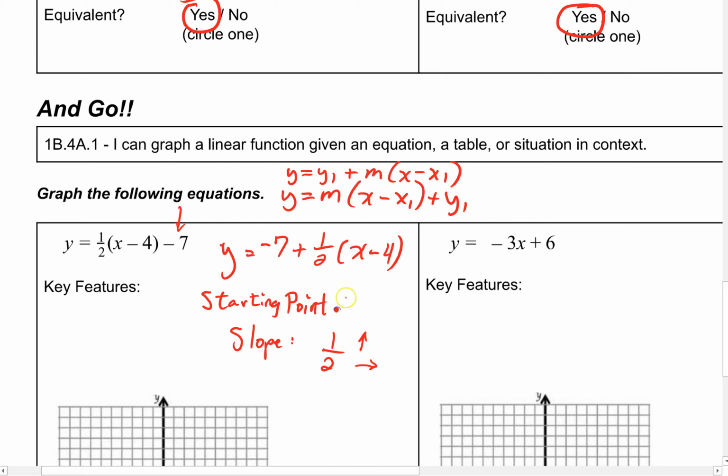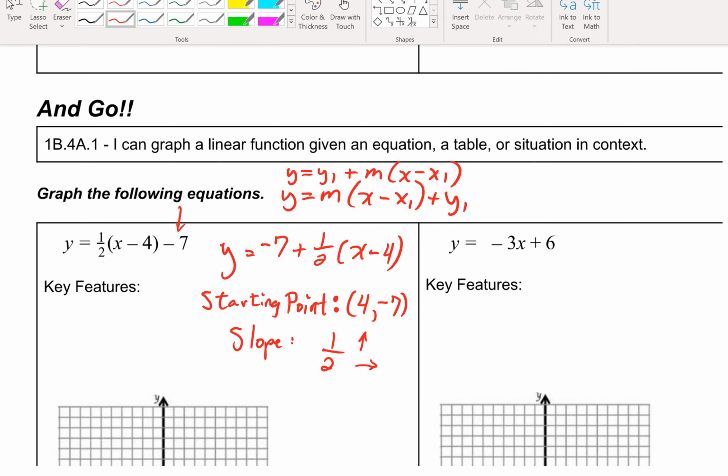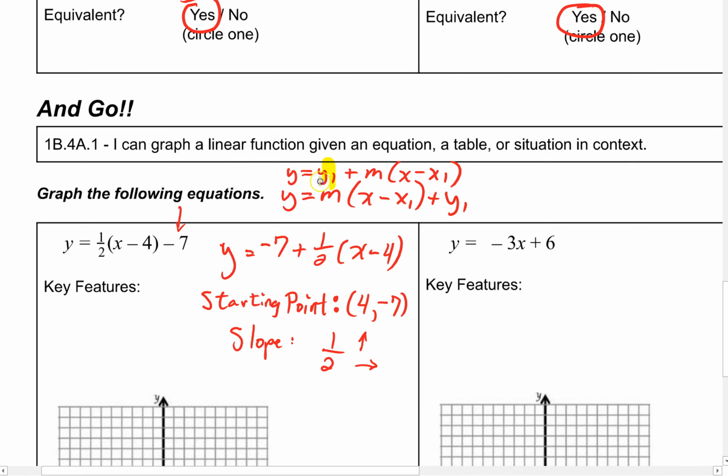But our starting point, you might remember that this x minus 4 is going to relate to the opposite sign of this x. You see that minus 4, it actually will be a positive 4, and then our y coordinate is this minus 7. So again, just a friendly reminder.